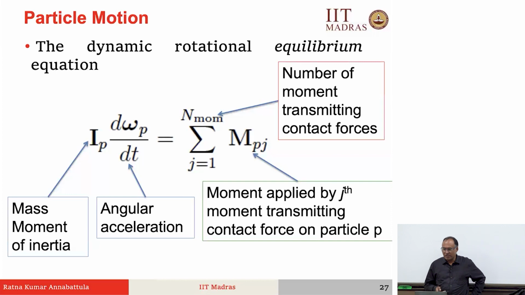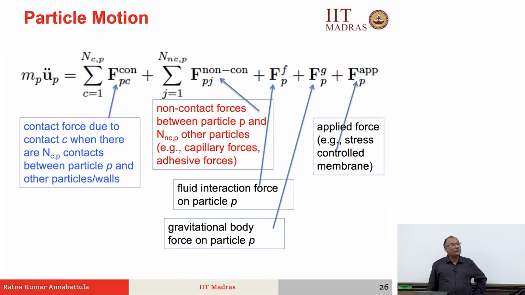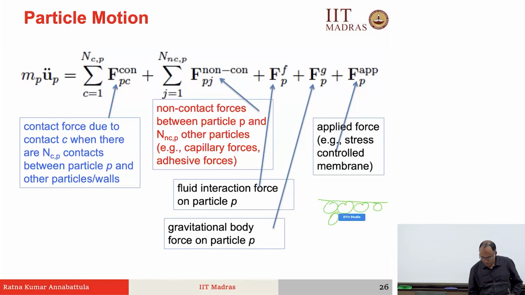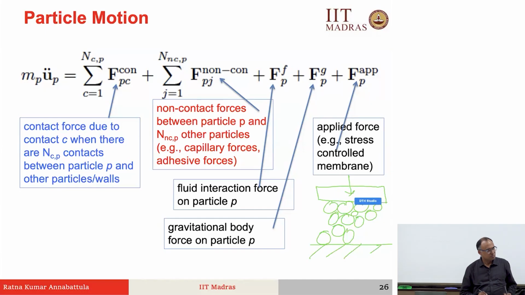Basically, you integrate once to get velocity, then integrate twice to get displacement. If you take a particular particle, the particle may be in a fluid medium. Imagine this is the scenario. Now, I am applying a force here. Because of this applied force, these particles are moving.